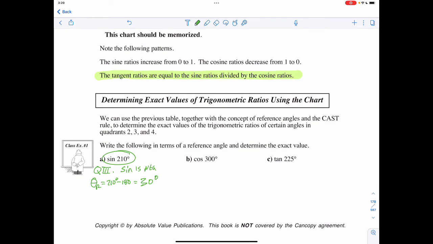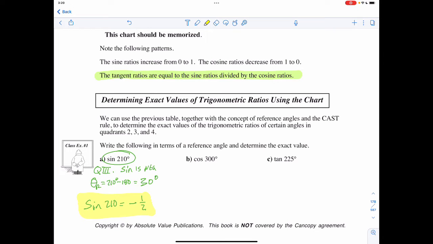I can say that sine of 210 is equal to exactly negative 1 over 2. And this one works out nicely because when I plug it into my calculator, it will tell me negative 0.5. So that's an easy, obvious one.